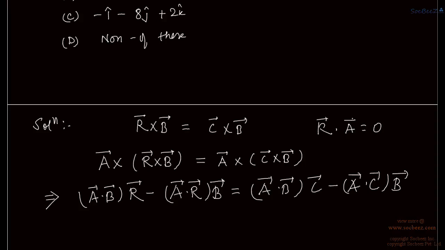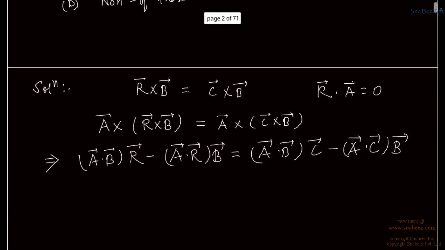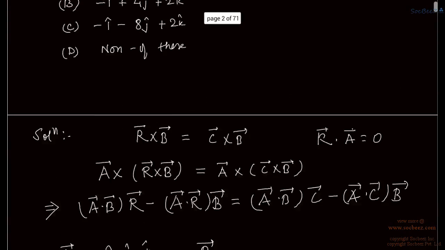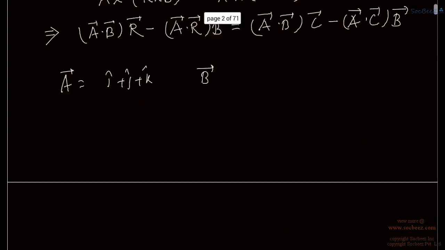So let us find all the values. We have the values of vectors A, B and C. Vector A is given as 2i plus k, and vector B is given as i plus j plus k.